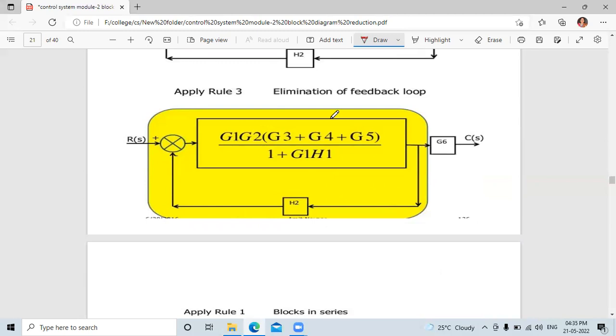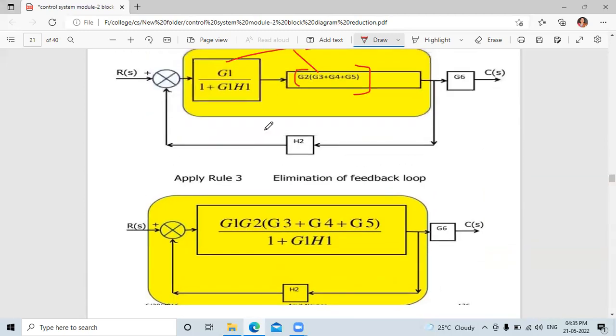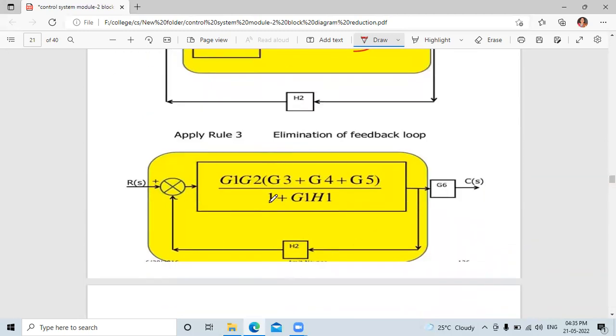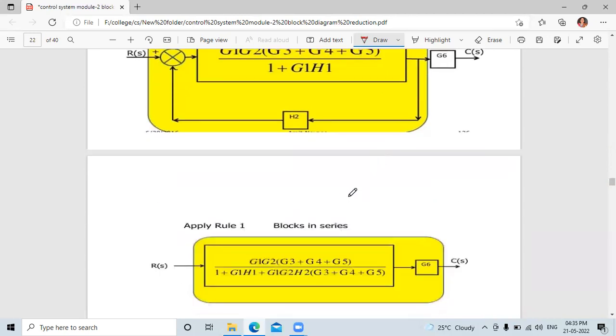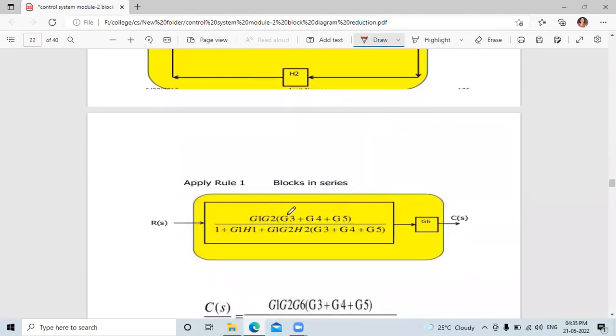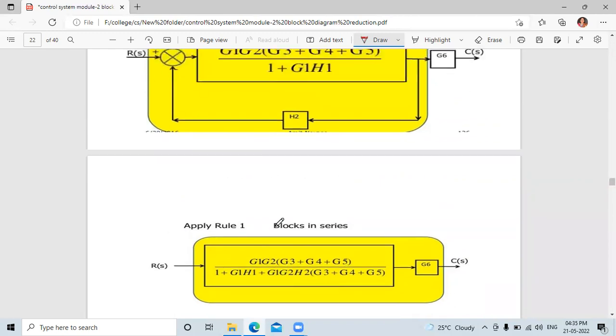Next, after solving this, two blocks are in series. Again you get rule 3, elimination of feedback loop. This is nothing but the feedback path. So G1, G2, (G3 plus G4 plus G5) divided by 1 plus again.